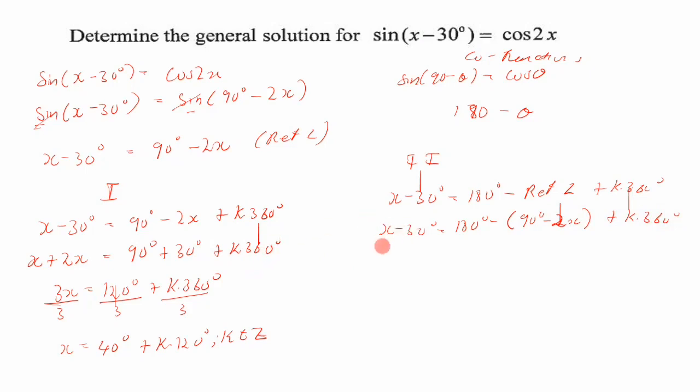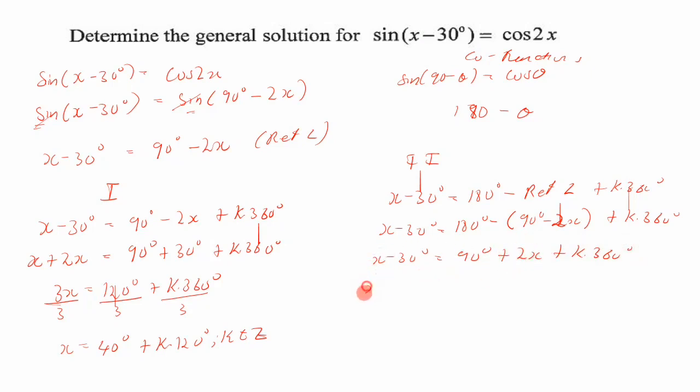So now let's solve here. We have x minus 30 degrees is equals to 180 minus 90, that's 90 degrees. And then what is negative times negative? That's positive 2x, and then we say plus k 360. Now at this point you want to transpose this 2x to this side.